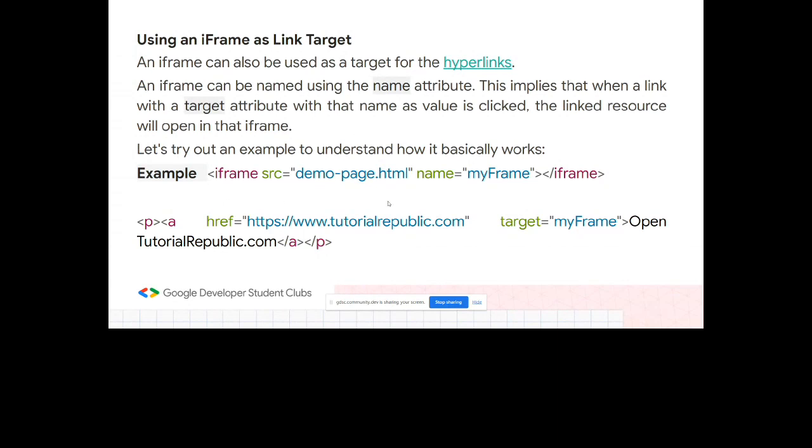We'll execute this, and let's understand those in detail. Don't worry about that. I think the topic iframe is clear to you. We have discussed attributes like src and name with reference to iframe. These are the most commonly used attributes for the iframe tag.